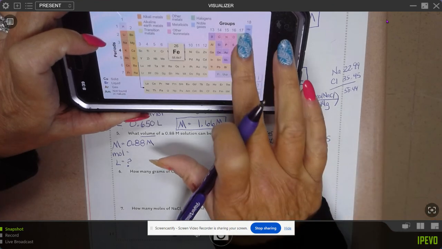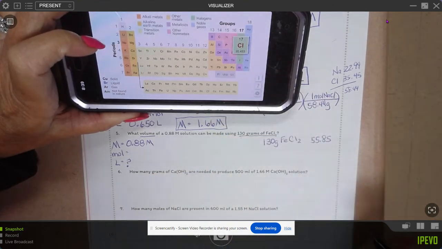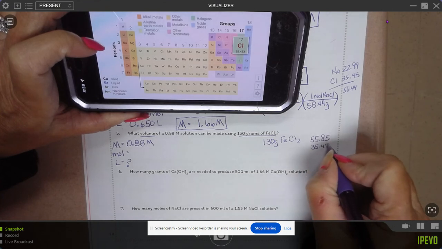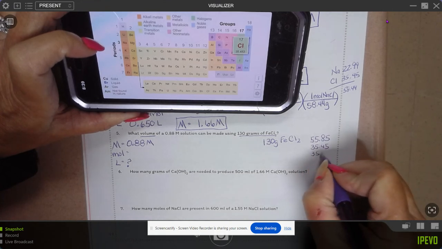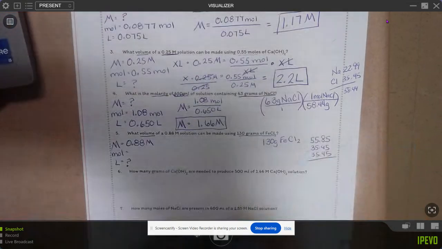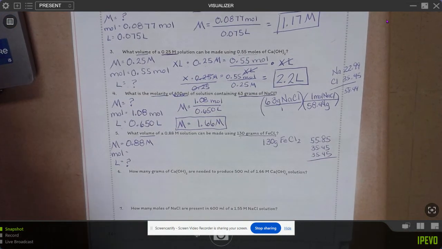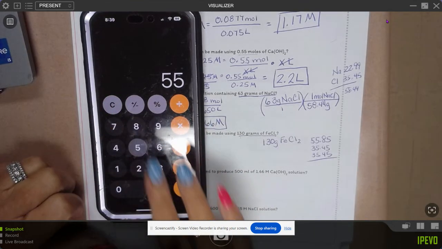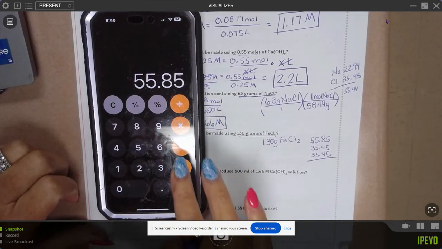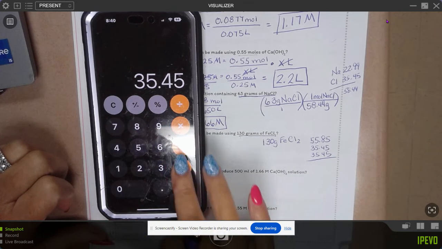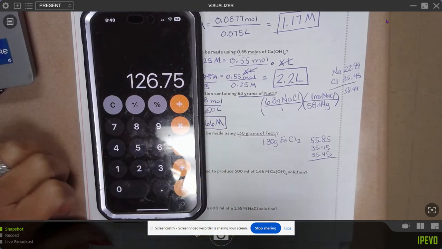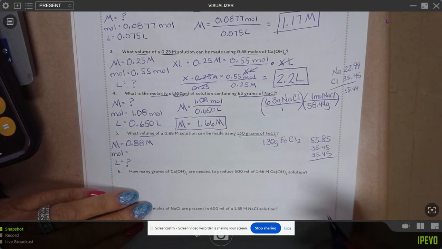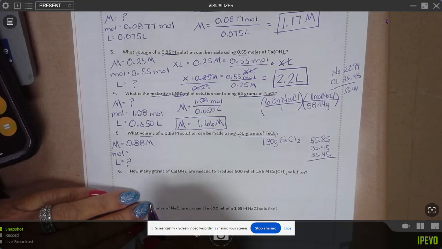And then I've got two chlorine, which are 35.45. And I've got two of those. So I'm going to add this up. Let's see what I get. 55.85 plus 35.45 plus 35.45, 126.75. That's the molar mass of iron chloride.